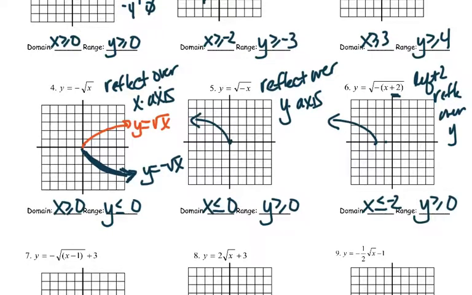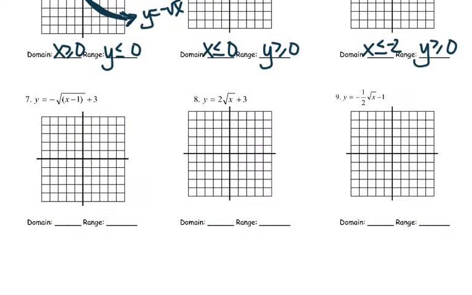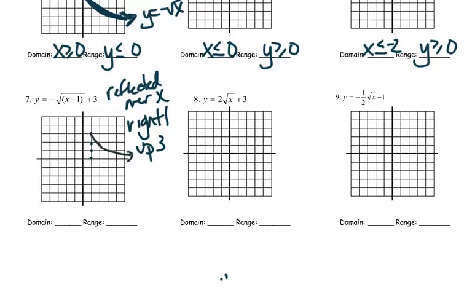Sorry. I noticed when I looked at number 7, because I was like, wait, this is reflected over x. It helps me to write it down, doesn't it? Reflected over the x. It's right 1, up 3. So right 1, up 3, and now reflected over the x, so that one goes down.